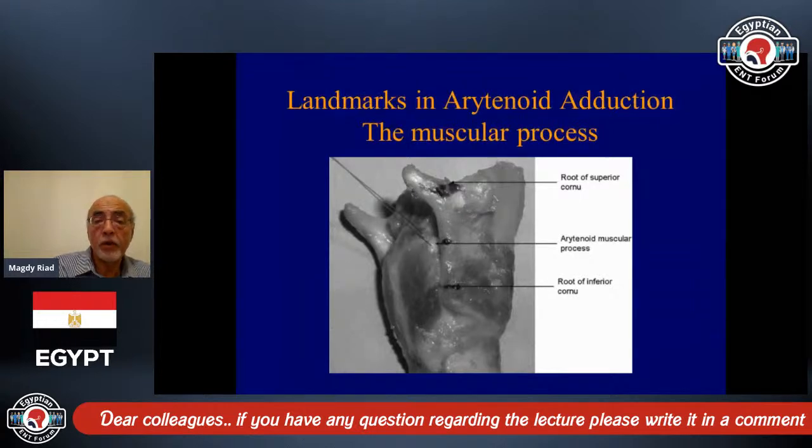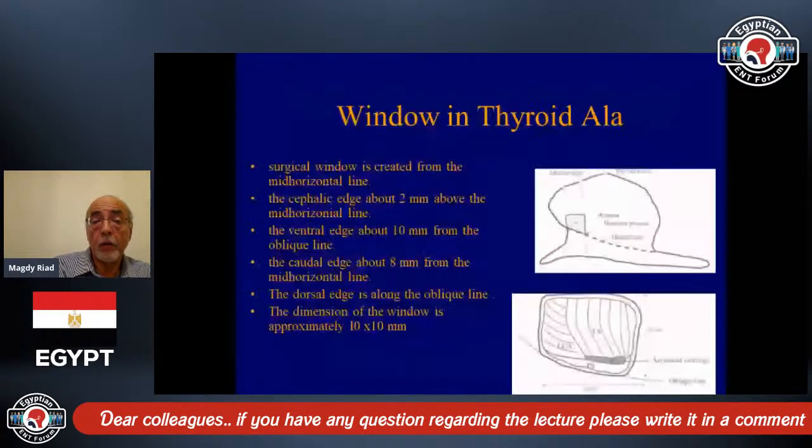And it's usually not very difficult. If you have about a 1 centimeter window in the right place, then you can reach by dissection into the laryngeal muscles, and you can see the fibers of the thyroarytenoid and the lateral cricoarytenoid fibers change directions, and then you can identify the muscular process more easily.